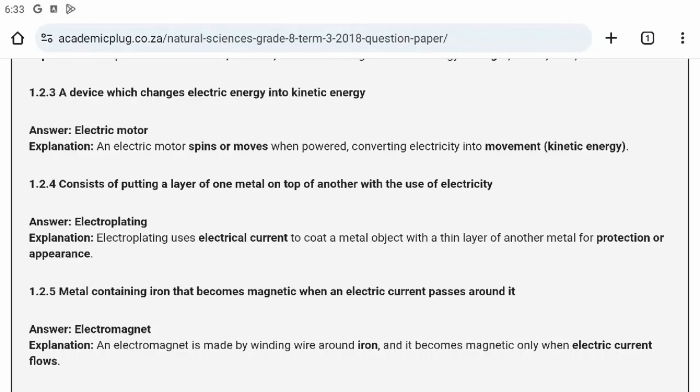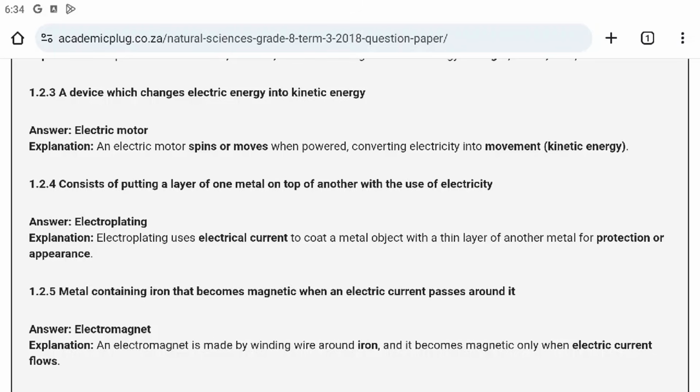Electroplating. So electroplating uses electrical currents to coat a metal object with a thin layer of another metal for protection or appearance.